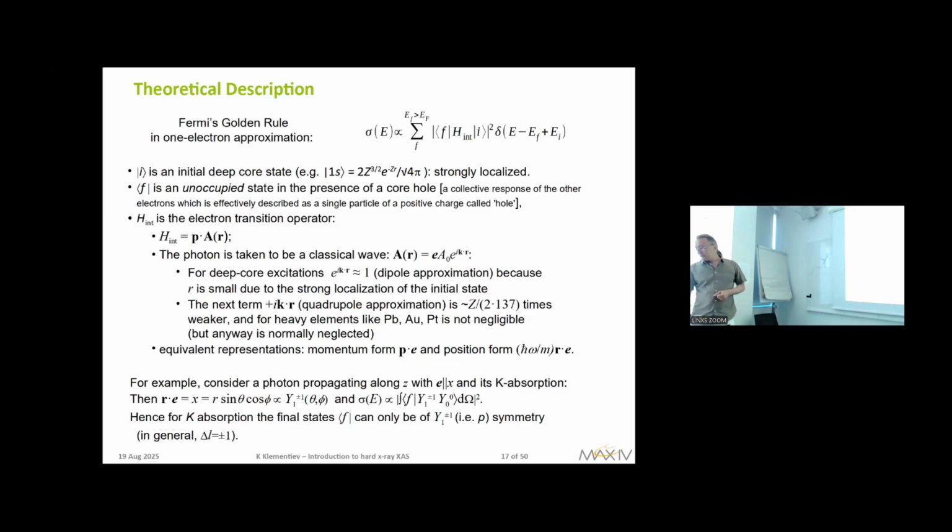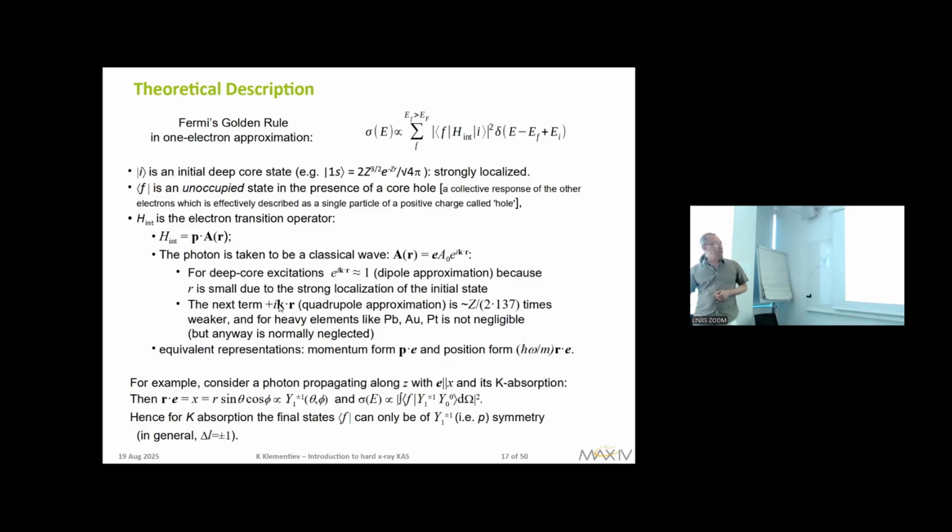All right, and then in this expression, the interaction operator can have several forms. One is the scalar product of momentum times vector potential. The vector potential is most typically expressed like this: the polarization vector times a plane wave. Then you say in the dipole approximation, because R is very well localized, this is basically unity.